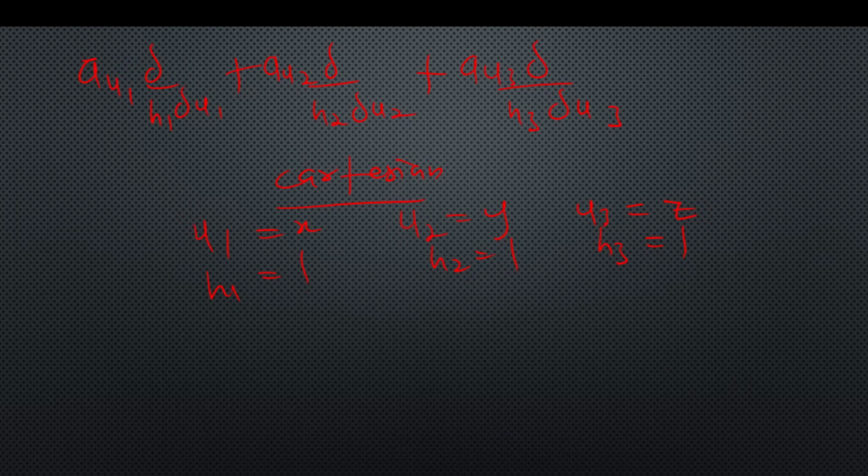Okay, so the gradient is going to be a_u1, which is x, h1 is 1, u1, which is also x, u2, which is y, h2 is 1, so we have u2, which is also y.